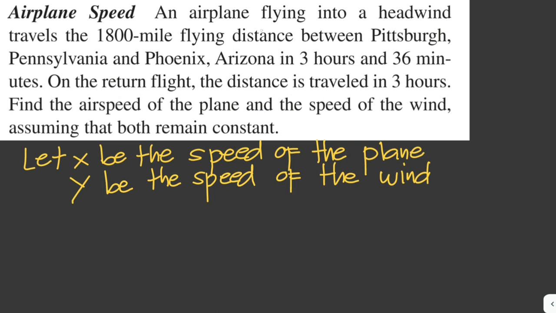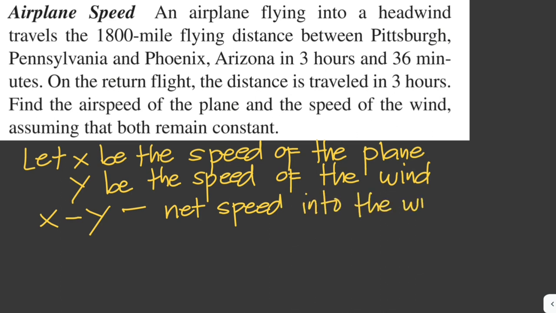Okay, it says here an airplane flying into a headwind, so we can write x minus y, the speed of the plane minus the speed of the wind. This is the net speed into the wind. And then we have the net speed with the wind.